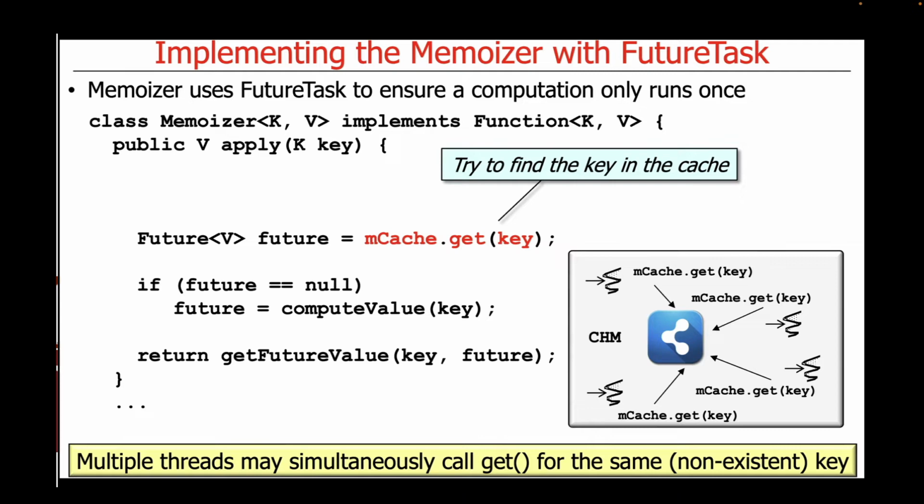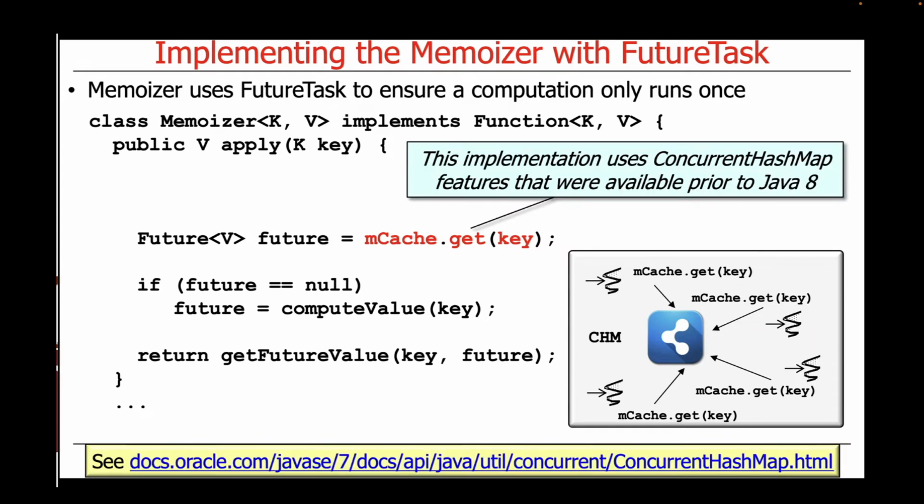If that's the scenario, multiple cores, multiple threads, multiple calls to get, the same key, for every one of them, we want to make sure that we only call the function one time. All right, so that's the scenario. This is going to use ConcurrentHashMap features that were available in Java 8. So we're first going to take a look at how you do this using ConcurrentHashMap, and then we're going to talk about some other things.